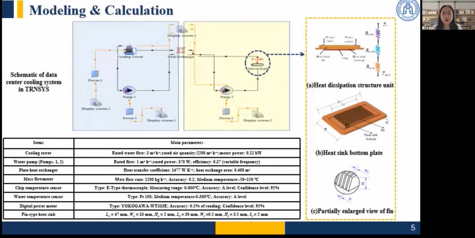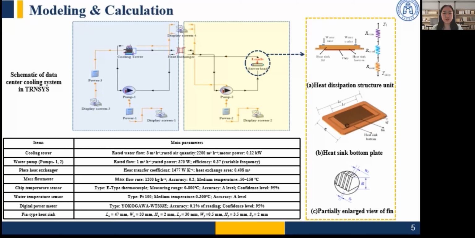The cooling system is divided into internal and external circulation processes. The internal circulation involves the secondary cooling water flowing into the server cabinet to remove the heat of the chips, leading to the heat exchanger to cool down, and then flowing into the server again.